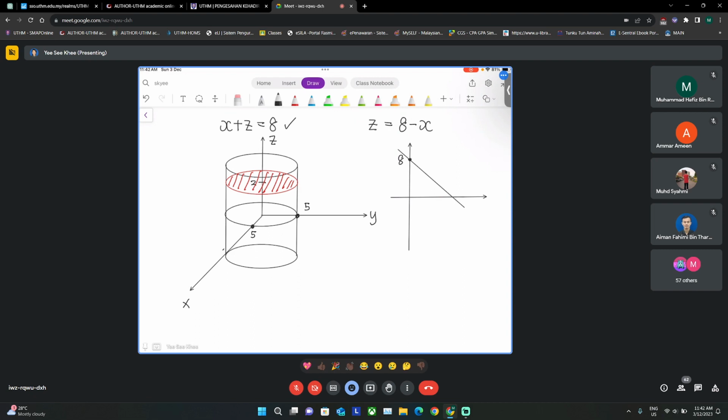This is the z, this is the x. What is the coordinate of this point? This is when z equals 0, so x equals 8. Now you want to combine this cylinder with the plane. This is 5, and 8 might be here, just for an example. So you connect it.